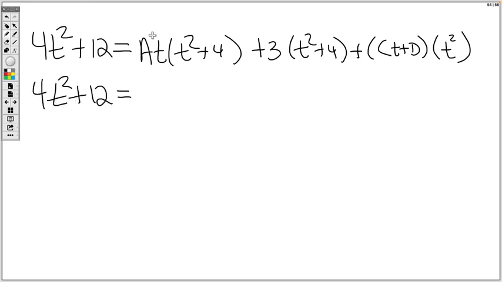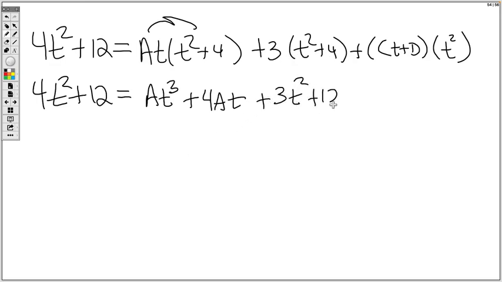So the first term here, distribute, I'd have an AT cubed plus 4AT plus 3T squared plus 12 plus CT cubed plus DT squared. And now we're going to equate coefficients.